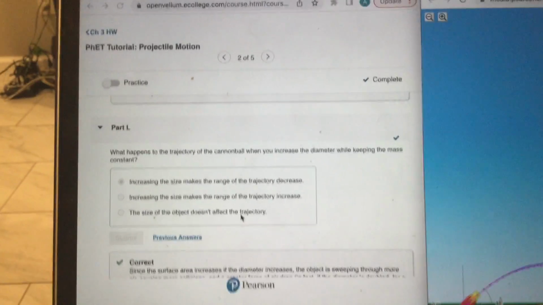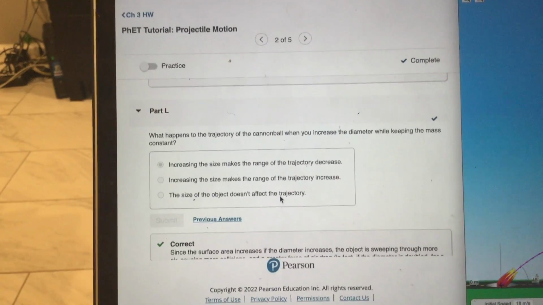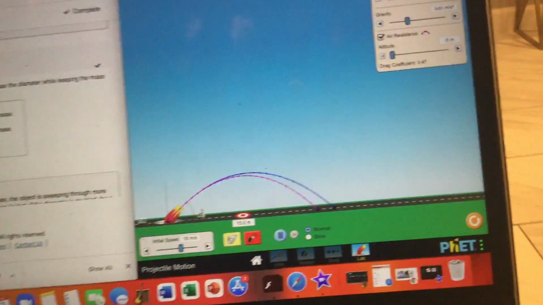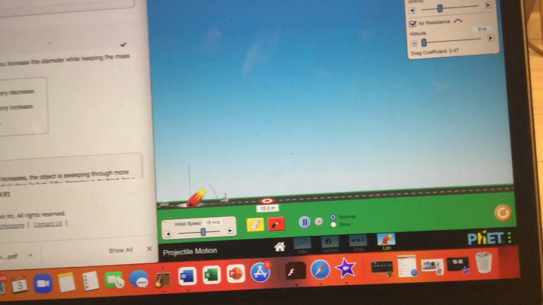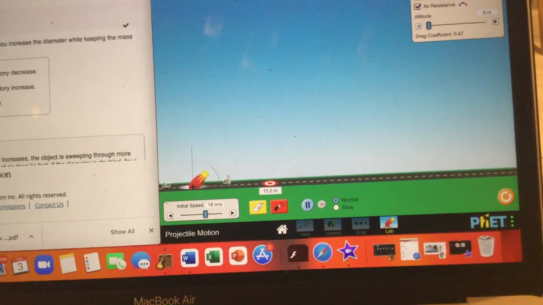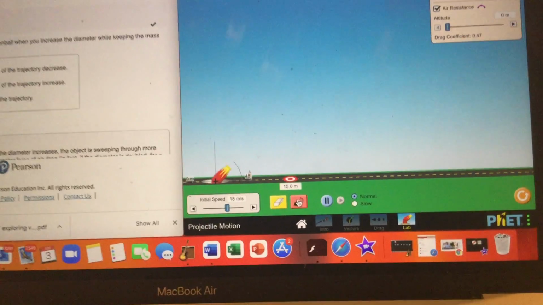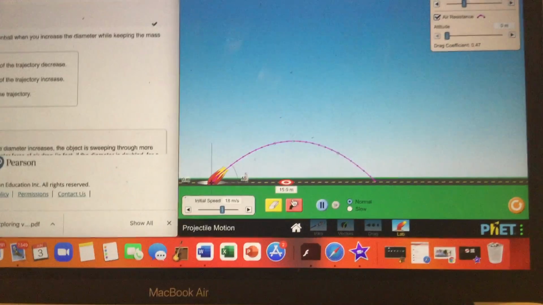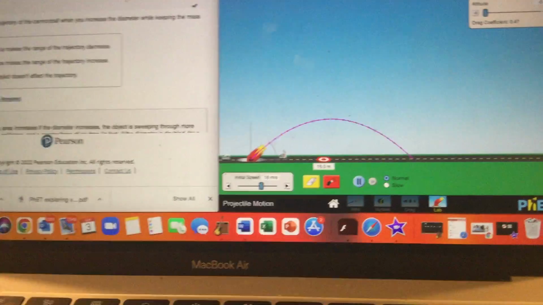Part L. What happens to the trajectory of the cannonball when you increase the diameter while keeping the mass constant? Okay, we'll erase this. Let's do a control at low diameter, and then we'll increase the diameter.